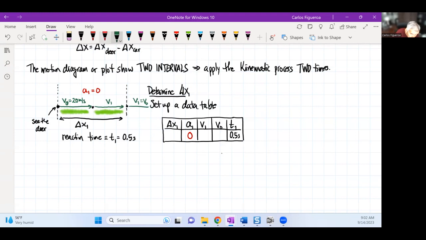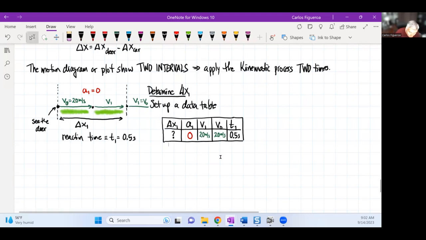So this tells me immediately that I'm going to have 20 meters per second here and 20 meters per second here. So note, I have all 4 variables. The one quantity that I'm looking for is this distance, delta x1.